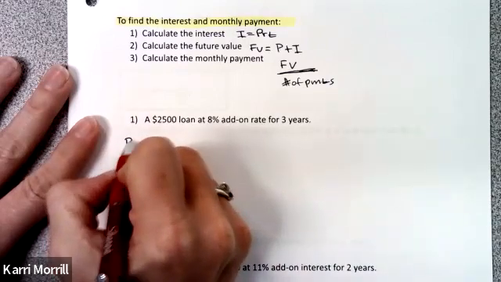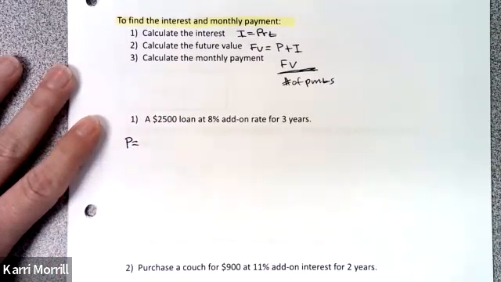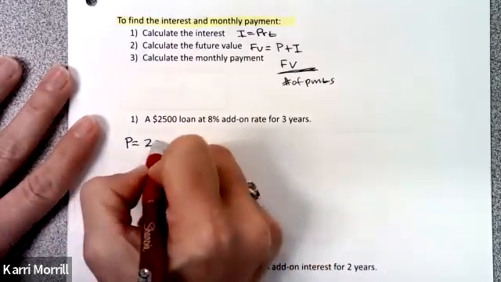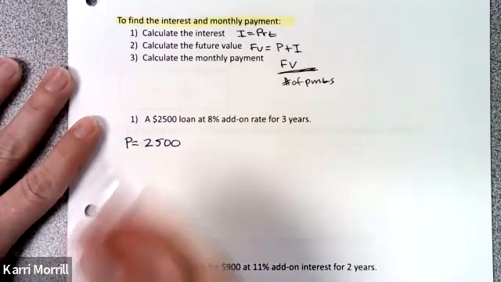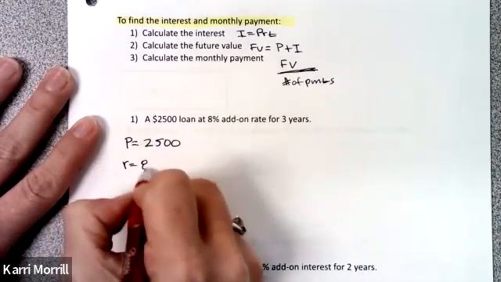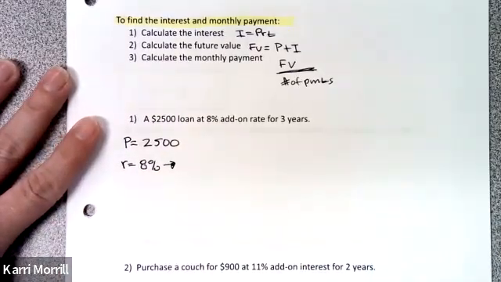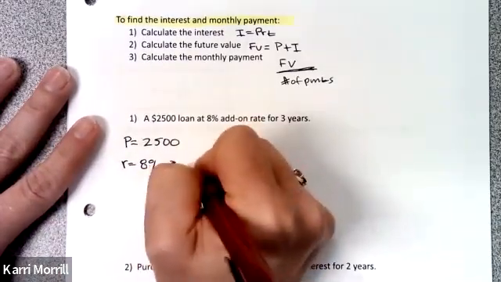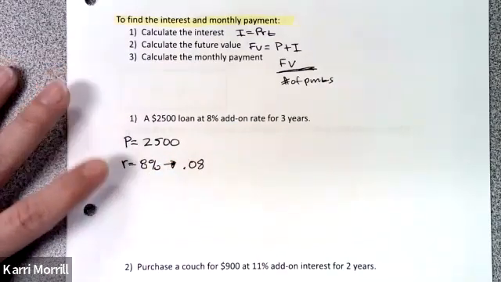Let's go ahead and identify what each part is first for our notes. For our principal amount, isn't that the $2,500? That's the amount you're getting a loan for. Your rate is 8%. But remember, we can't use it as 8% when we do stuff. We have to divide it by 100 or slide to the left 2 places and use 0.08.